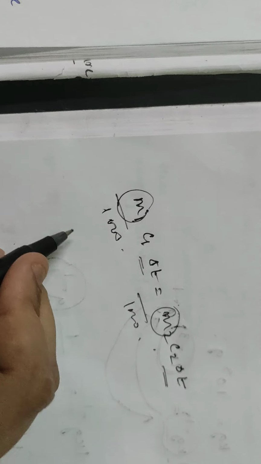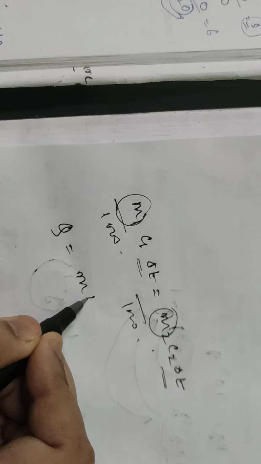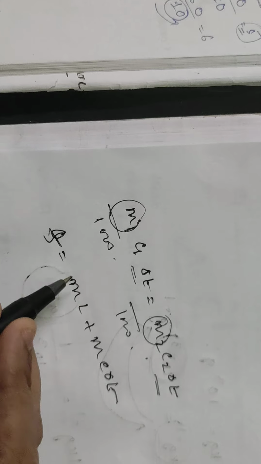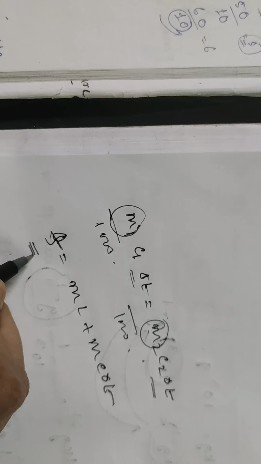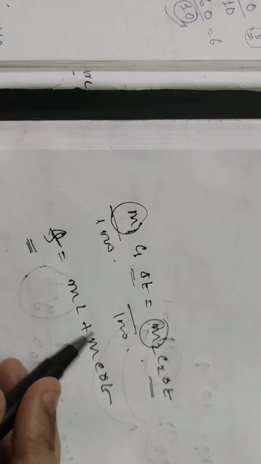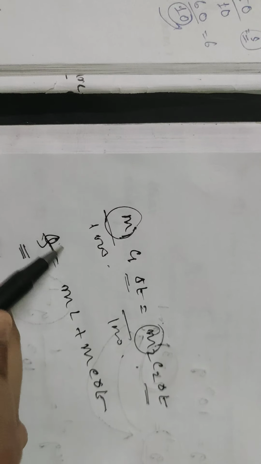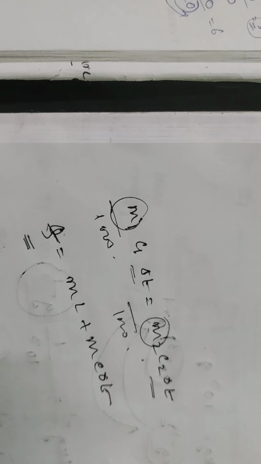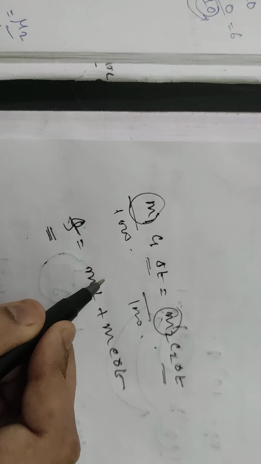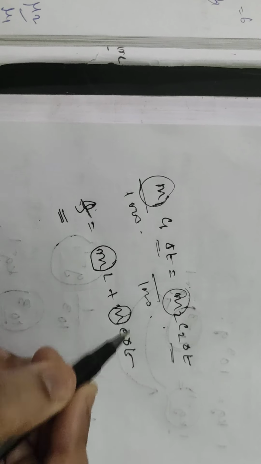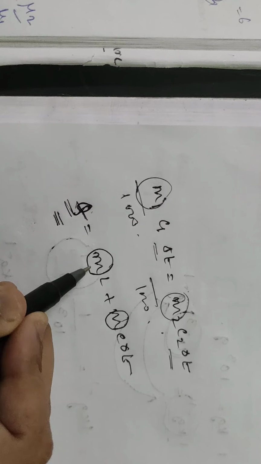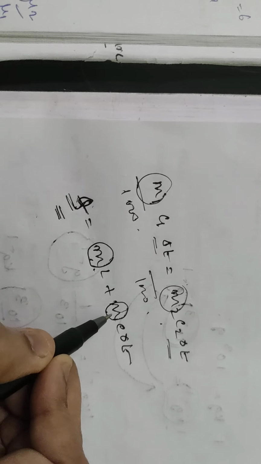But now we are using the form Q equal to mL plus mc delta T. So if Q is provided, just like in this case, there is no scope of cancelling anything. If mass is in gram and this is given in joule, I have to convert this to kg, SI units.